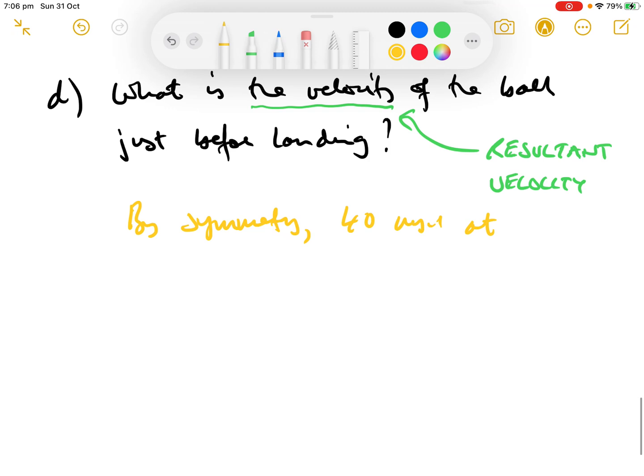Yep, at 25 degrees above the horizontal. That's the way to phrase it. 40 meters per second at 25 degrees above the horizontal.